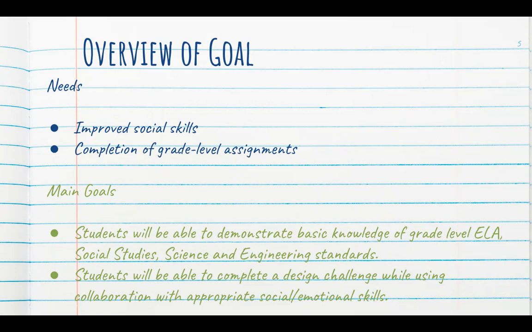The main goals that are focused on throughout this lesson are students being able to demonstrate their basic knowledge of grade level ELA, social studies, science, and engineering standards. Also, students will be able to complete a design challenge while using collaboration with appropriate social and emotional skills. So, focusing on those grade level completion assignments while also focusing on an improved set of social skills and collaboration.